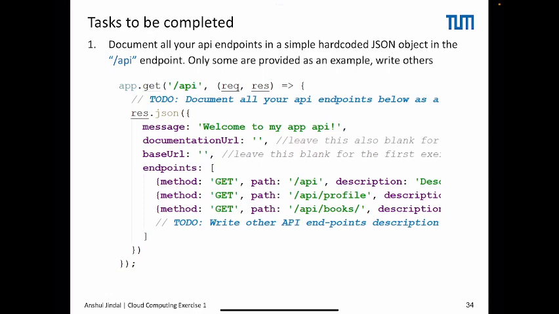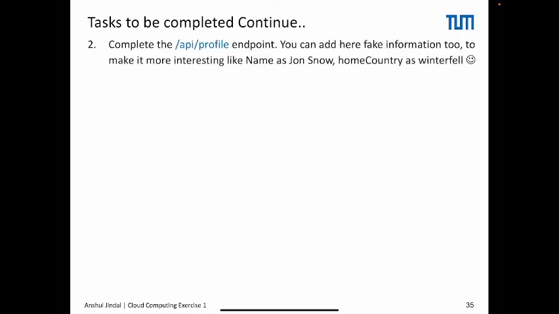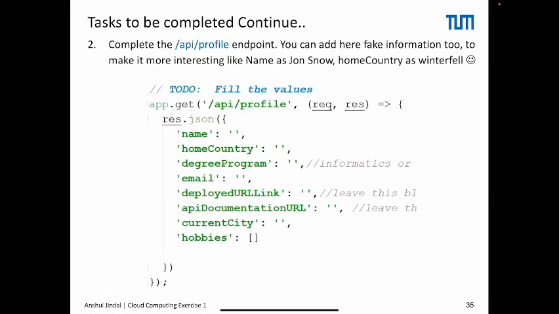But as part of this exercise, you just have to put this information over there. The next one is the API profile, which tells you to fill in some information like name, home country, degree program, etc. It's static information, so you have to complete this also.